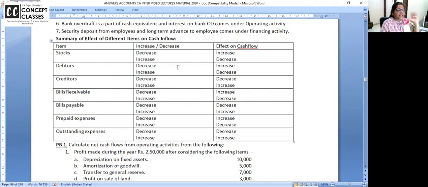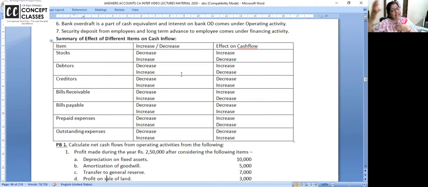Right. Now debtors. If debtors are decreasing, they were 10 and now they are 8, it means 2 rupees money has come, inflow. Cash is increasing. If debtors have increased, they were 10, now they are 13, 3 rupees more is blocked in debtors.